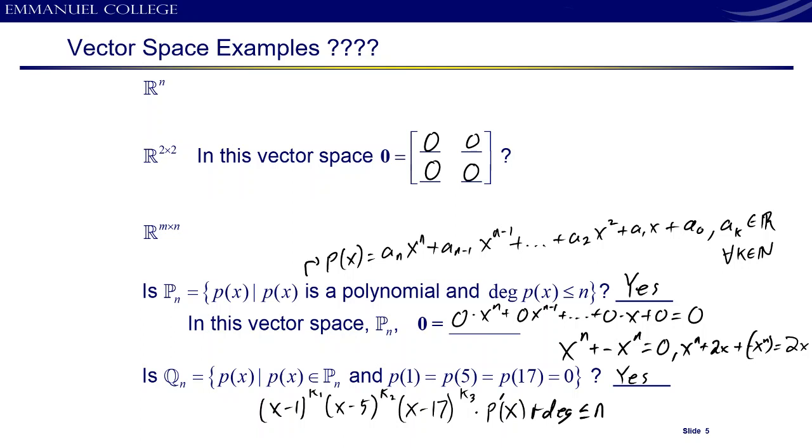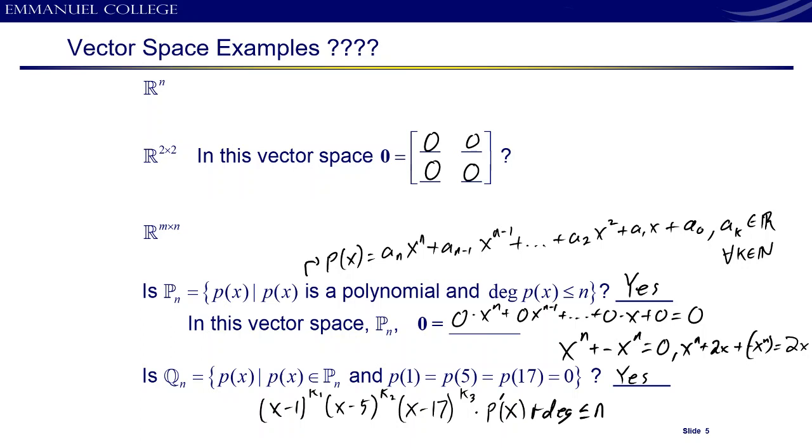The only thing is this one has specified that you have roots of 1, 5, and 17. If you add two things that have those roots together, you still keep it. You do have a 0, which is still going to be 0, but it might just be 0 times x minus 1, x minus 5, x minus 17, like that.